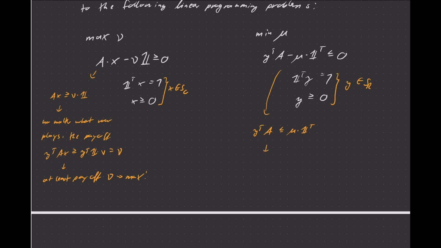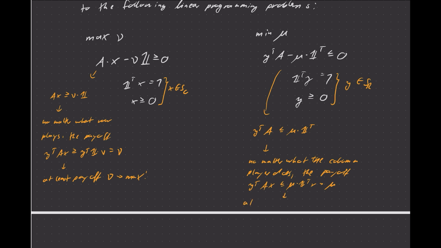So with the same argument, no matter what the column player does, the payoff y transposed Ax will be less or equal to mu times 1 transposed x, which is mu.